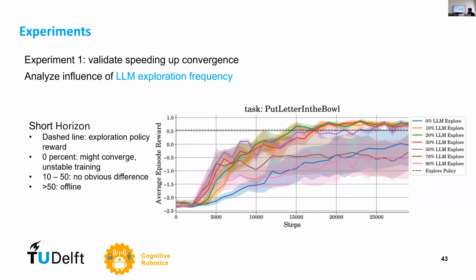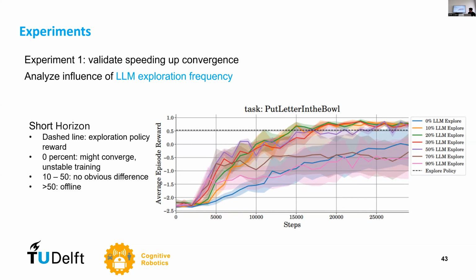The dashed line in this figure is the average episode reward of the exploration policy only, and it will act as a baseline of our work. And also, I plot a 0% blue line, which is our method without large language model-based exploration.